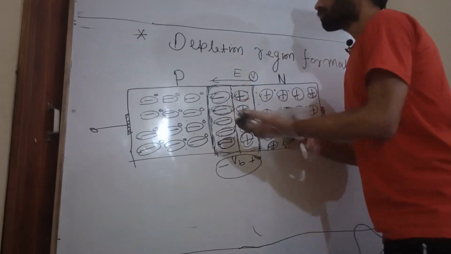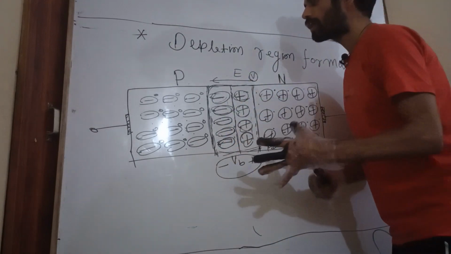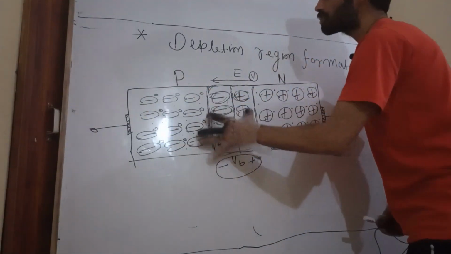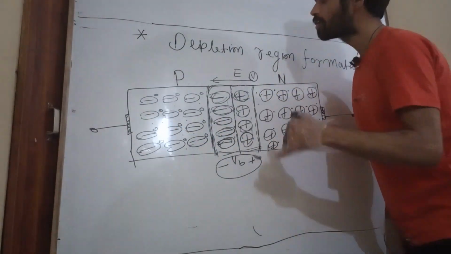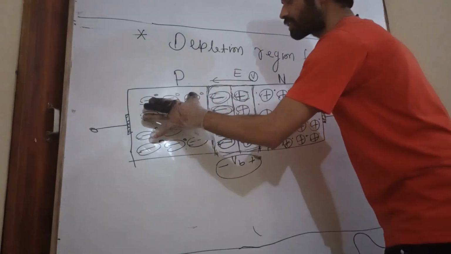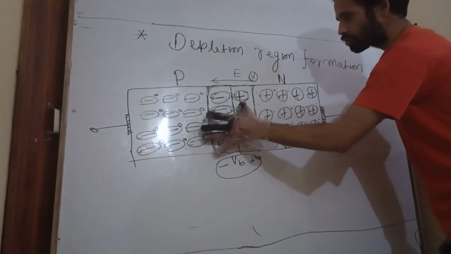So in this way the depletion region forms. How does it form? As we know very well, when diffusion starts, diffusion means migration of charge carriers from higher concentration to lower concentration. For the time being, let us say the holes are migrating from the p region to the n region through this junction.